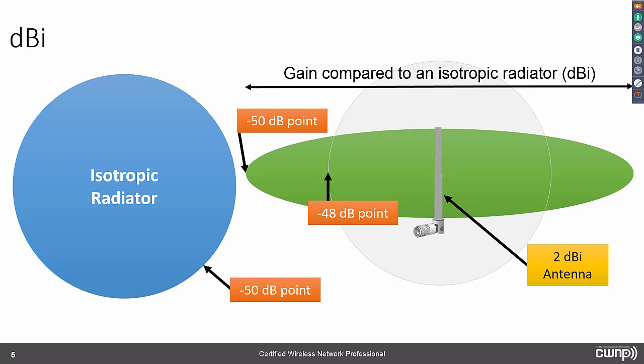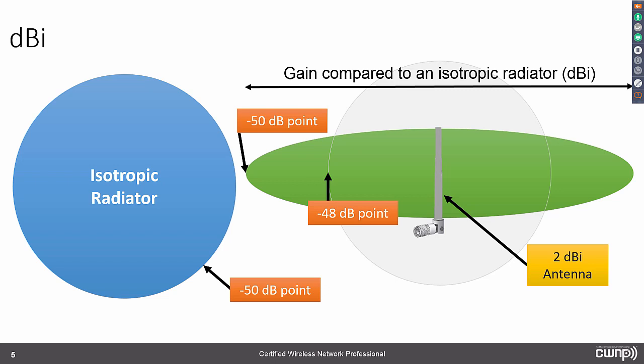And in an attempt to visualize that, we have here a 2 dBi antenna, and we have superimposed the point at which we had negative 50 dB of signal strength if it were an isotropic radiator. But we can see that at that point with this antenna, we have negative 48 dB, and the negative 50 dB point is further out.